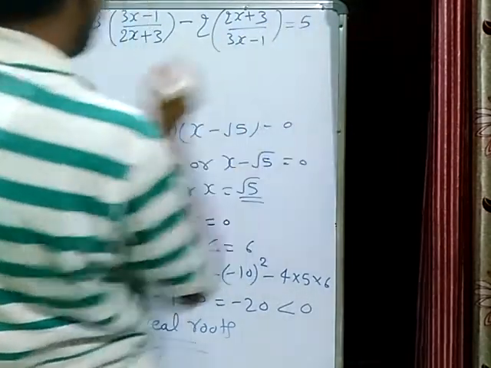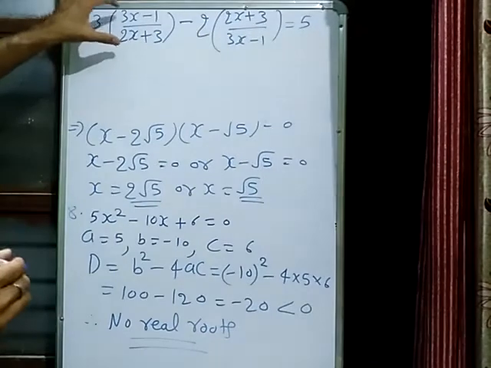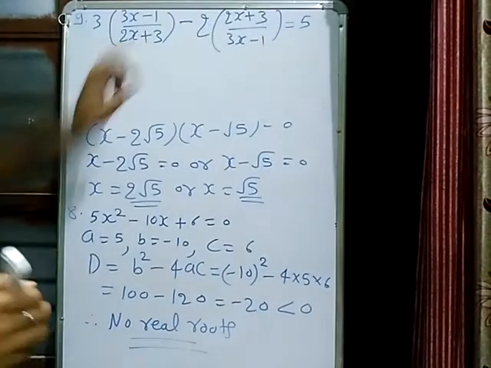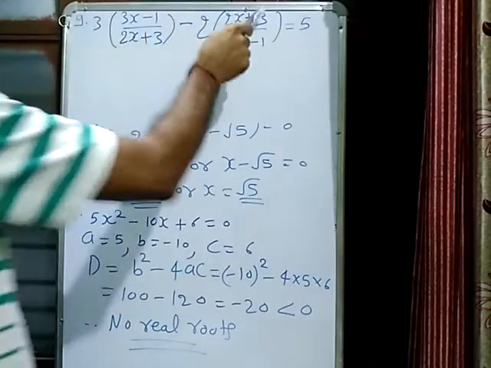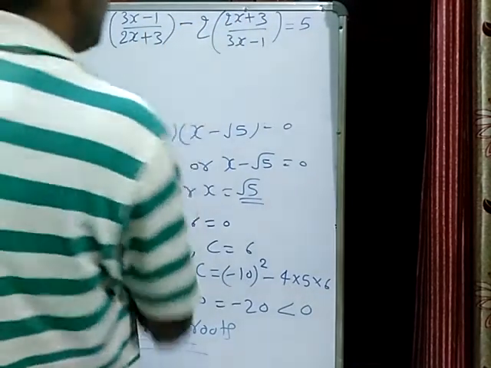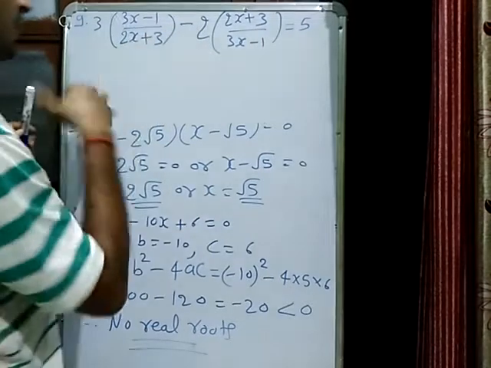Okay, so look here, the term 3x minus 1 upon 2x plus 3 and the second one, 2x plus 3 upon 3x minus 1, both are reciprocals of each other.